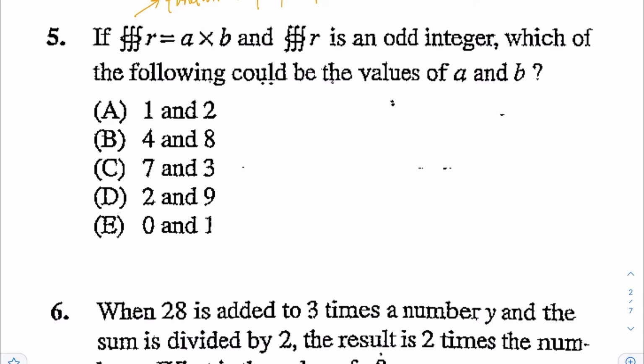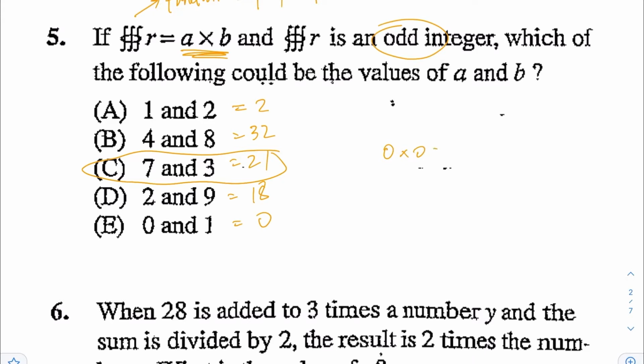So what that means is you just have to follow the rules, and the rule here is to do A times B. So when you multiply them, you're supposed to get an odd integer. So go through all the choices, multiply each of them. 1 times 2 is 2. 4 times 8 is 32. You have 21. 2 and 9 is 18. And 0 times 1 is 0. So 4 of these are even, except for choice C. If you have odd times odd, it's equal to odd.